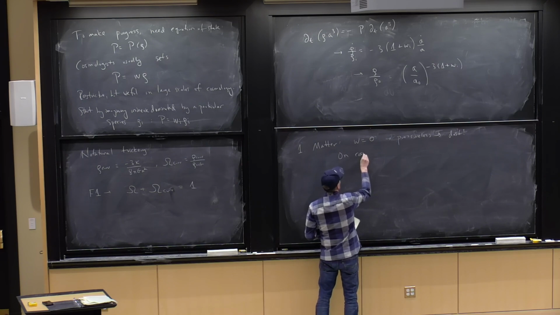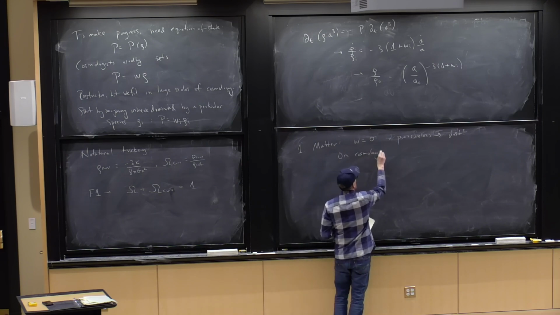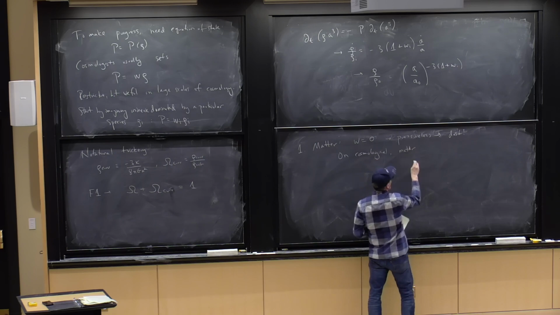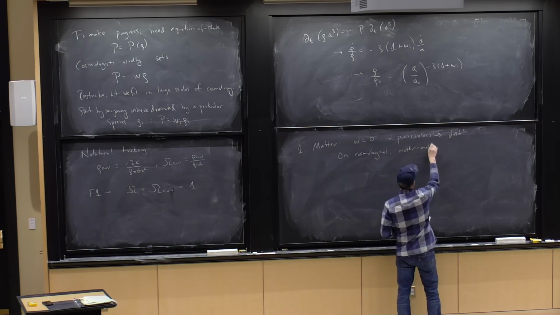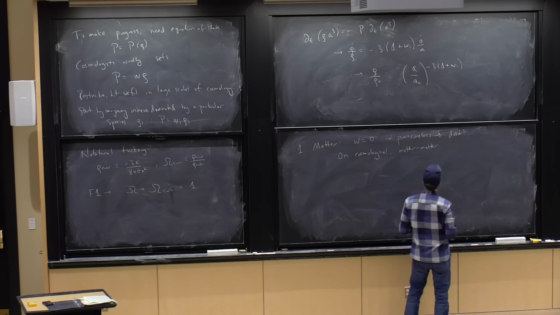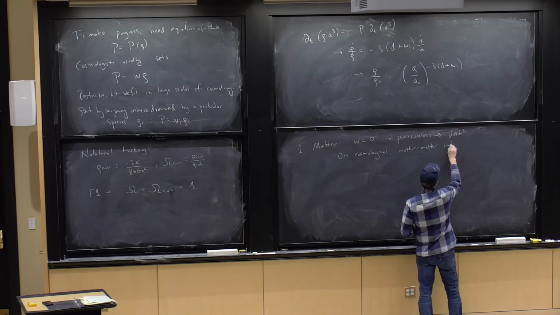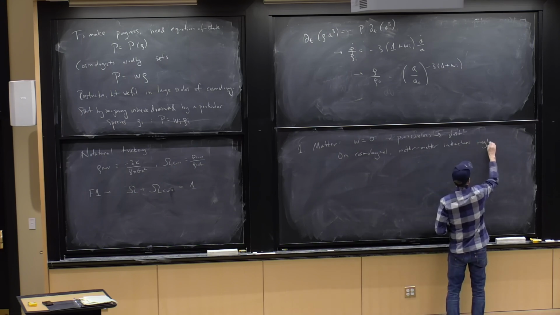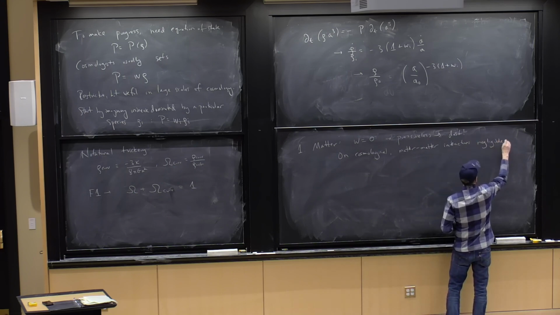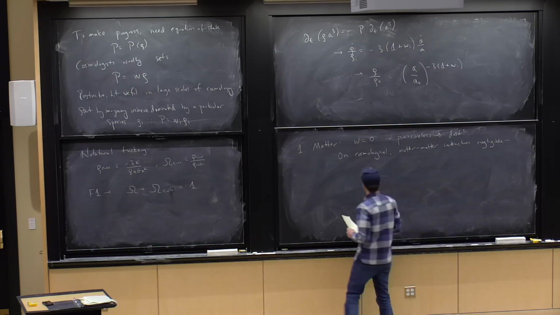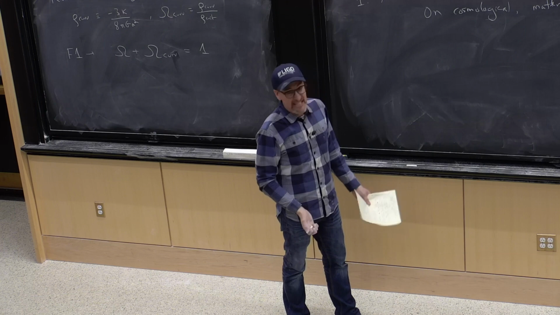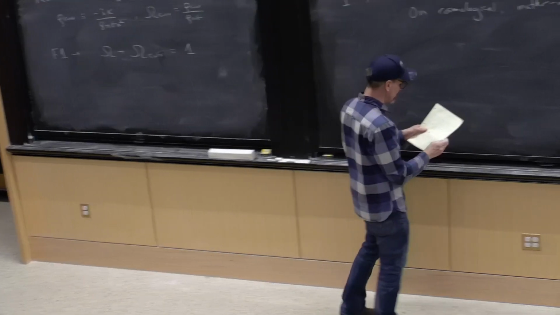On cosmological scales, matter-matter interactions are in fact quite weak. So this is a very, very good description. Sort of imagine the universe as kind of a gas of galaxies and galaxy clusters. It's a pressureless gas of galaxies and galaxy clusters.